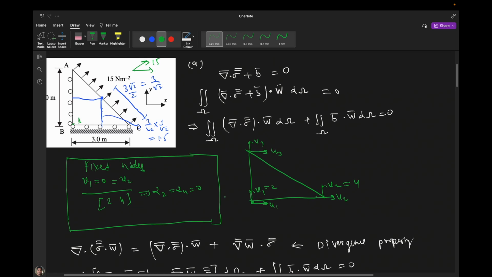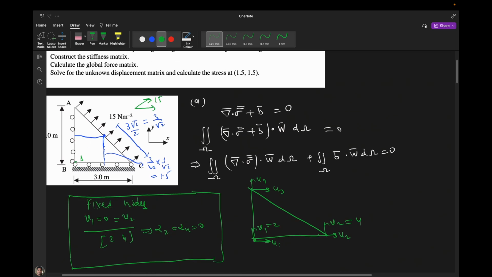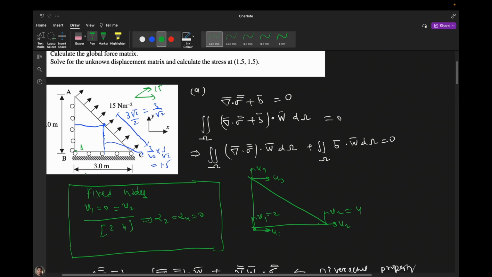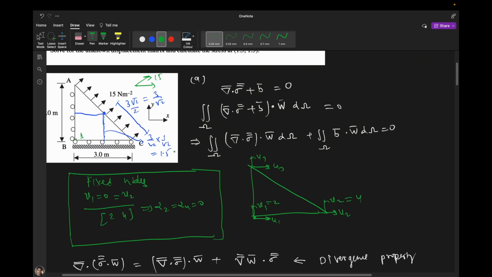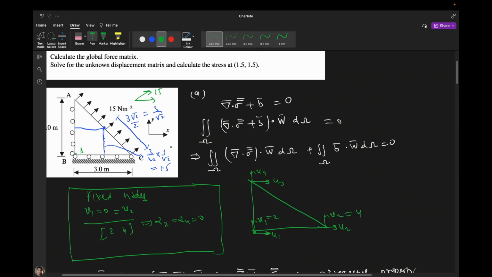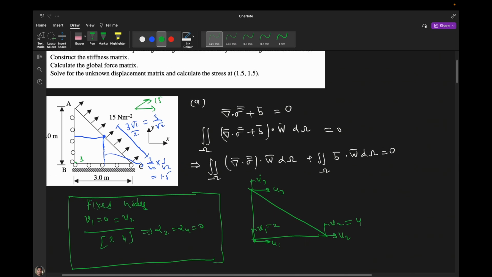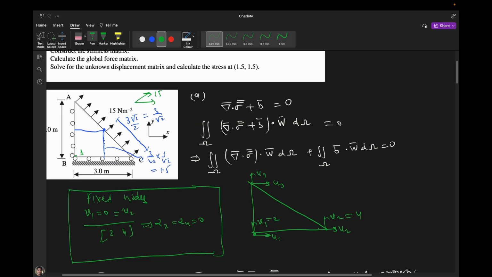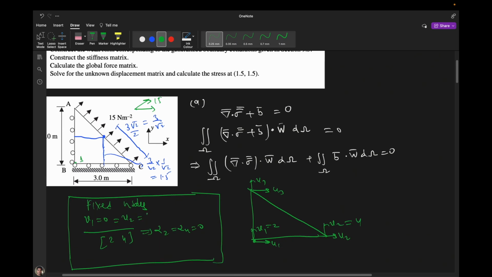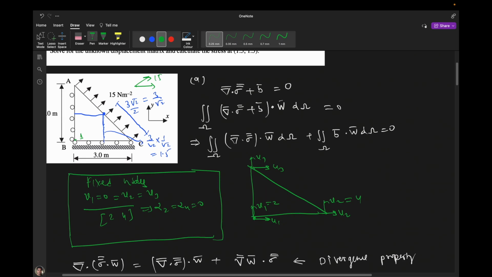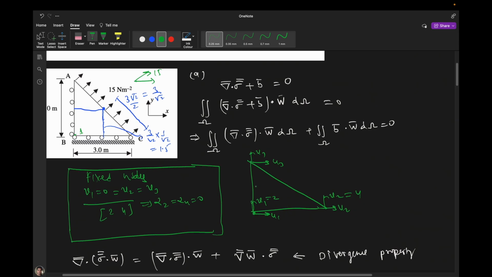Because this is constrained in the vertical direction, it can move along the horizontal direction, but it cannot move in the vertical direction. And also v3 is 0 because it cannot move in the vertical direction. So 1, 2, 3, 4, 5 and 6, which means that 2, 4 and 6 will be 0.